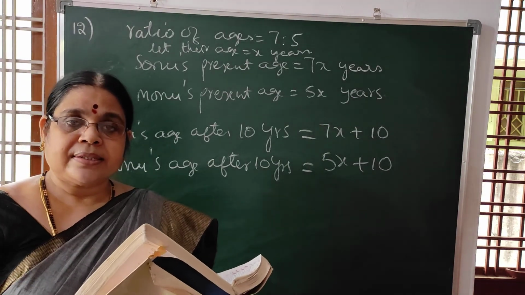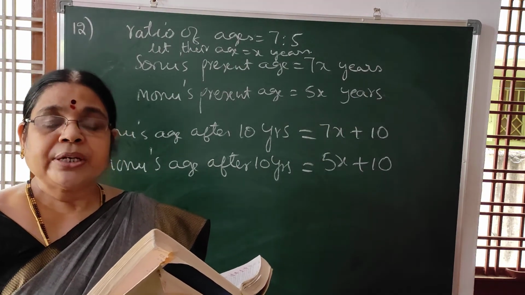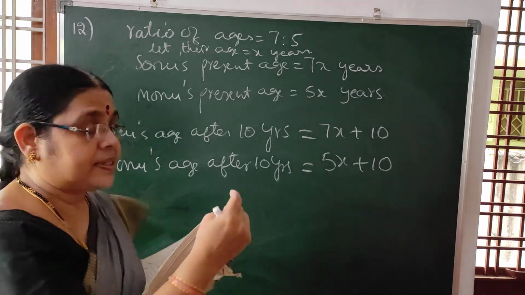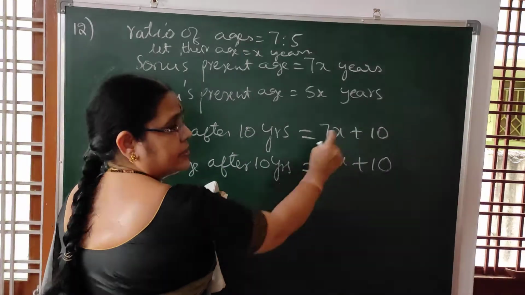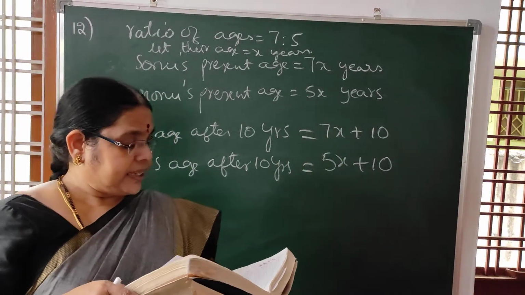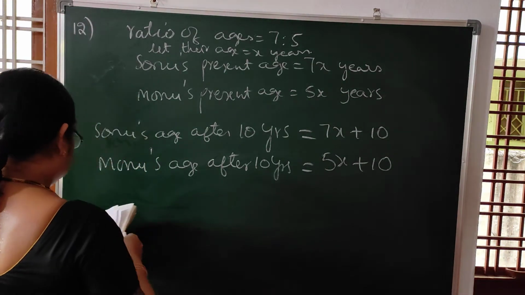Now their present ages are 7x and 5x, because the ratio of their present ages is given as 7:5. After 10 years, this boy's age will become plus 10 and this boy's age also will become plus 10. So after 10 years, what is the ratio of their ages?